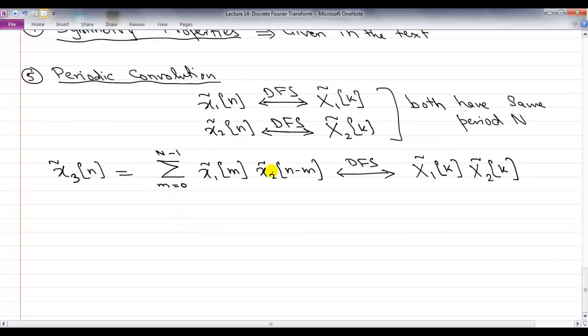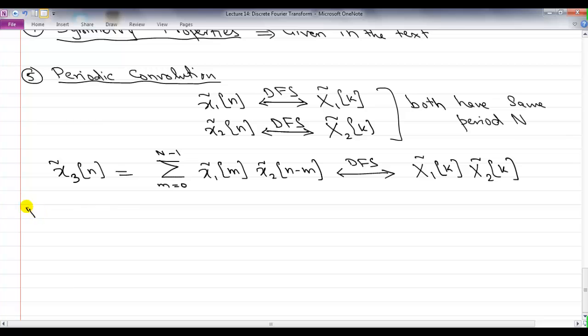You can switch the role of these two. It won't matter. It's exactly the same as in convolution. You can fix one sequence, flip the other and slide it, or fix the other sequence and flip and slide the first one. It doesn't matter. The main difference is that you want to take summation over one period rather than over the entire duration.